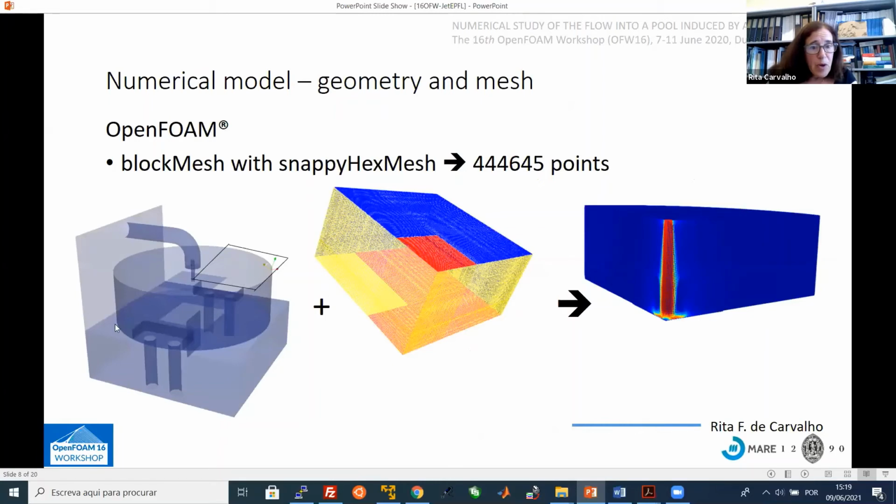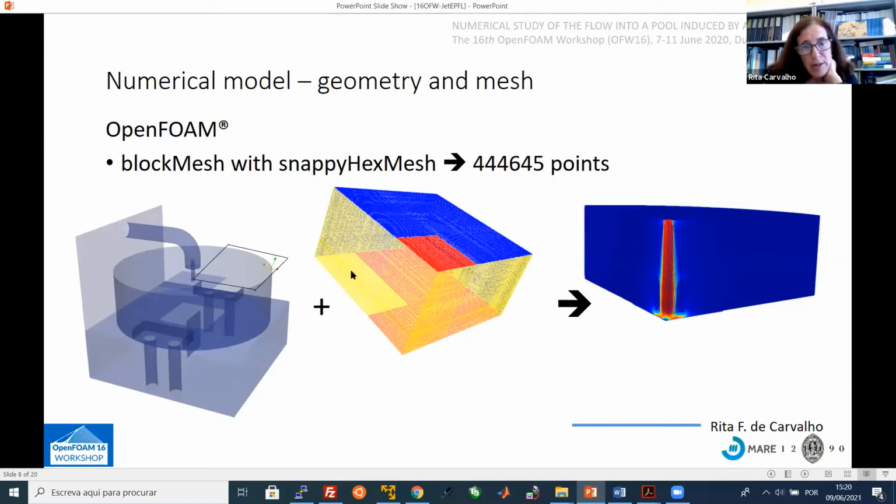We did different simulations. We include all, but then to have better performance of the solvers, we include just the same geometry, but the block mesh could be shorter, just this quarter.